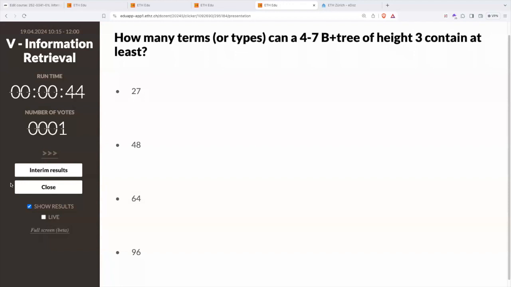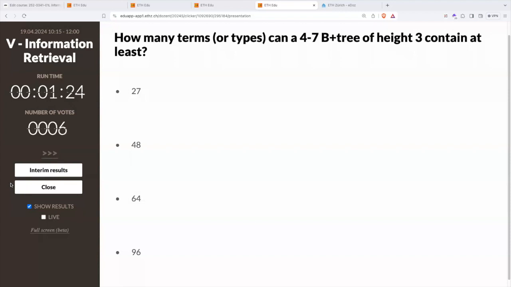Remember that the way we parameterized our B plus trees is that 4,7 means between 4 and 7 children for every non-terminal node, right? B plus means that the leaves have the terms, and the non-leaves only have maybe terms for lookup only, right? So these are only virtual. So the terms are actually all on the leaves. So how many terms can you have on the leaves of that tree?